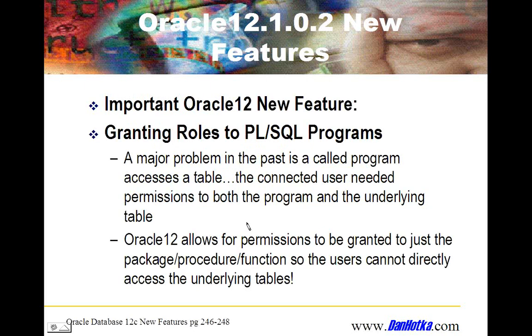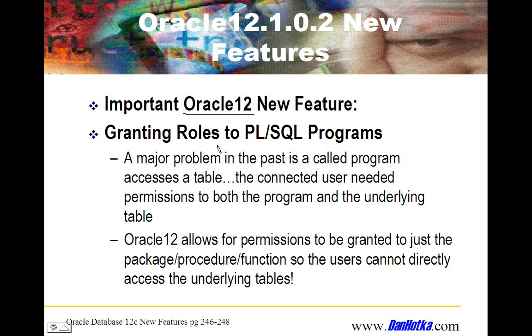The last thing that I wanted to point out in this quick Lunch and Learn is an important Oracle 12 feature. This is really not so much of a security flaw as it was. This is one of those things that's really nice. It should help prevent SQL injection and other attacks on the data, and it should keep people from being able to snoop in the underlying table structures.